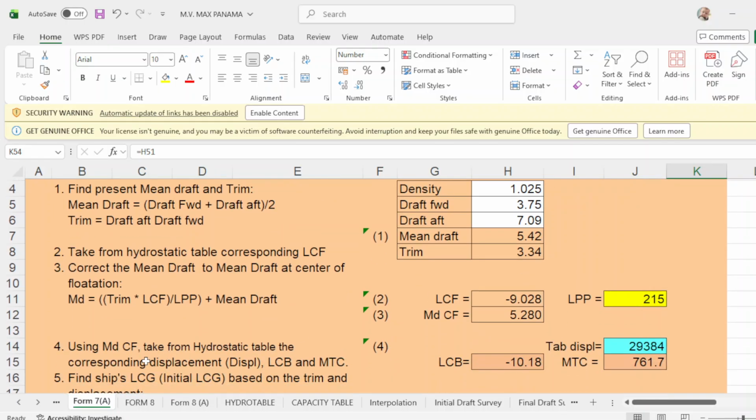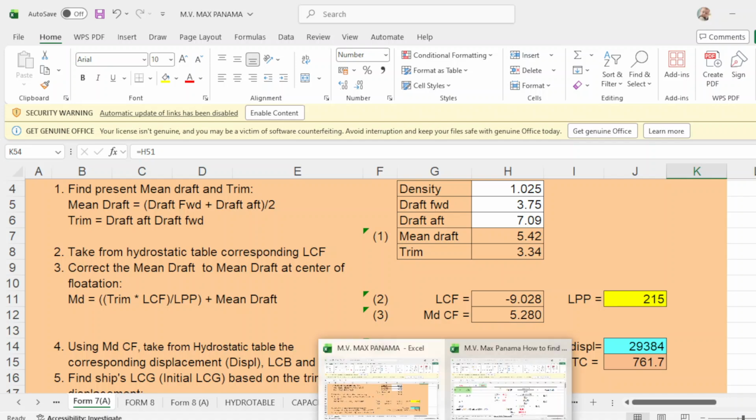using the mid center flotation, take the hydrostatic table, the corresponding displacement of LCB MTC. Okay, so you have to take this LCB MTC and the displacement. So that with the drop of 5.28.